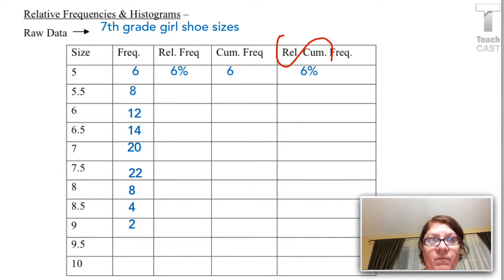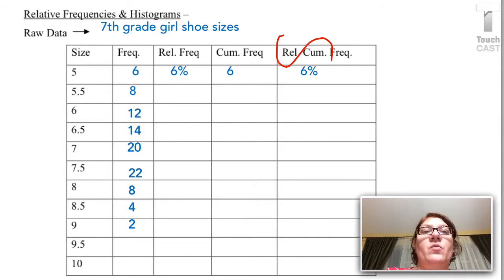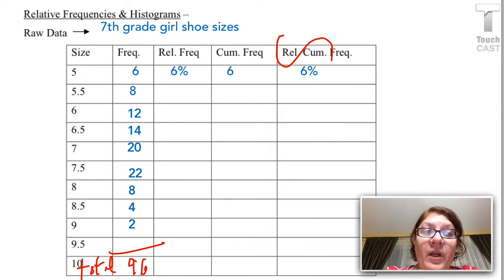And so the first thing I need to know is how many students total did I actually have in this survey or this distribution. So of course I would total them up, and I find out that my total is 96 girls. Because if I'm doing relative frequency, it's always a percent.